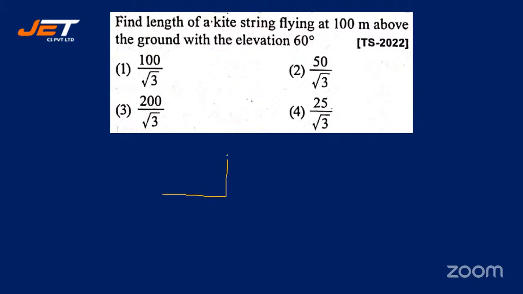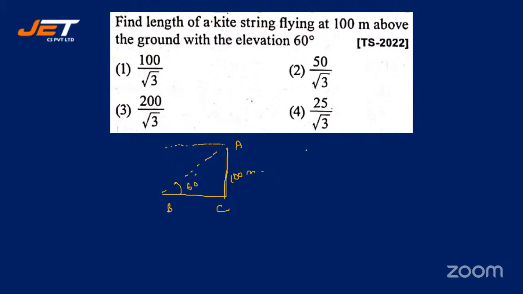So see here it is 100 meter above the ground. So this should be 100 meter. Right? So this is what you are actually finding out. So let's take this to be A, then B, C. So the angle of elevation theta is 60 degrees. Right? So you are supposed to find out the length of the kite string.